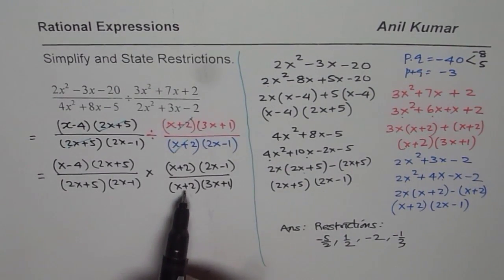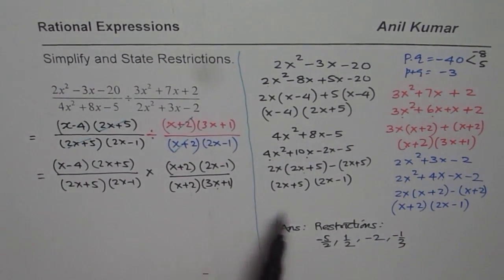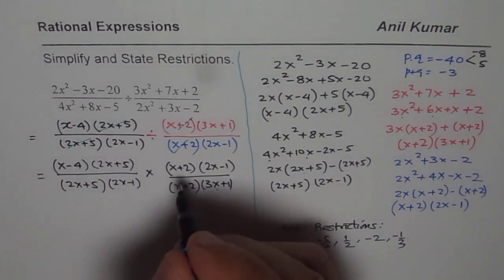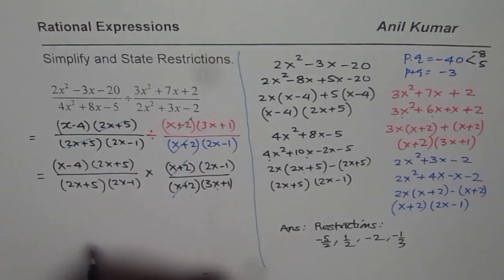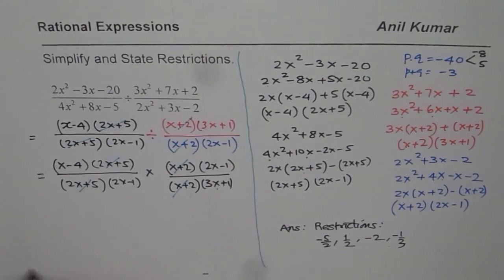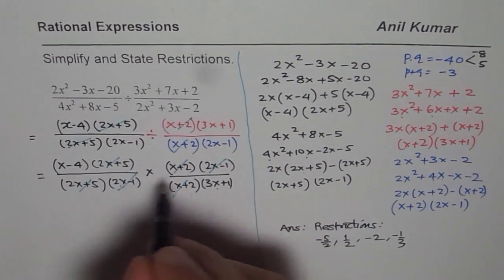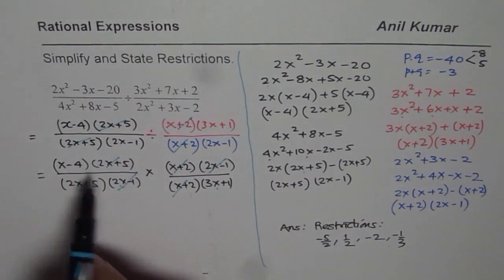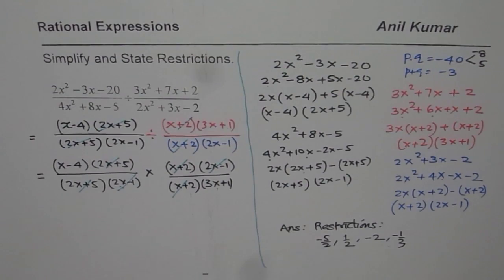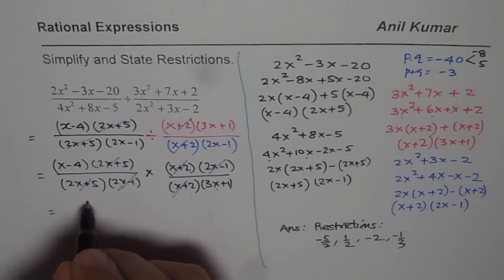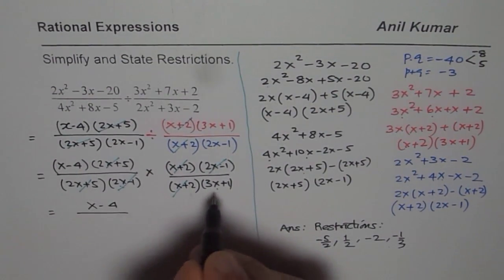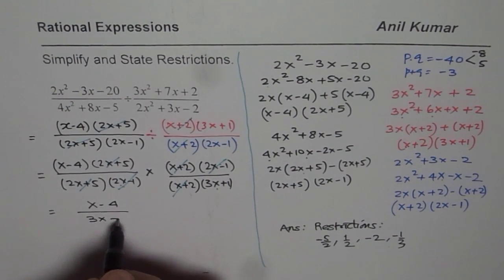Now you see it has come in the denominator. That is why we included this in our restrictions. And at this stage we have to cancel. So x plus 2 cancels here. 2x plus 5, 2x plus 5. Now 2x minus 1 and 2x minus 1 also cancel. Do you see that? They also cancel. Now here we are left with these two terms. The numerator has x minus 4 and the denominator is 3x plus 1.